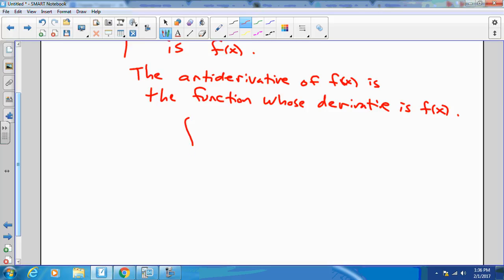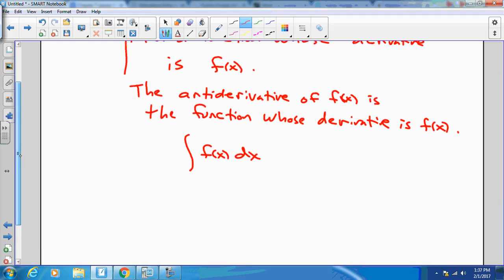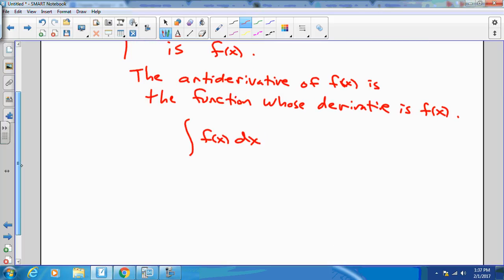We're going to have a bit of notation for our antiderivatives. The way that we are going to notate the antiderivative is with this symbol right here. The function whose derivative is f of x.